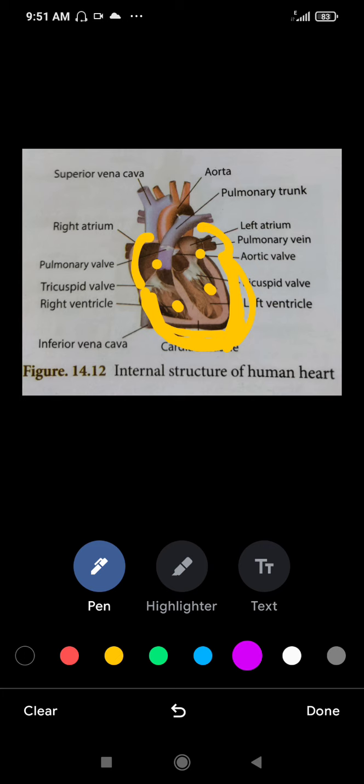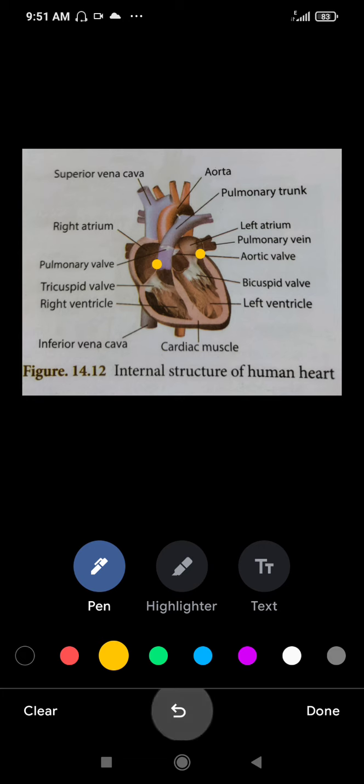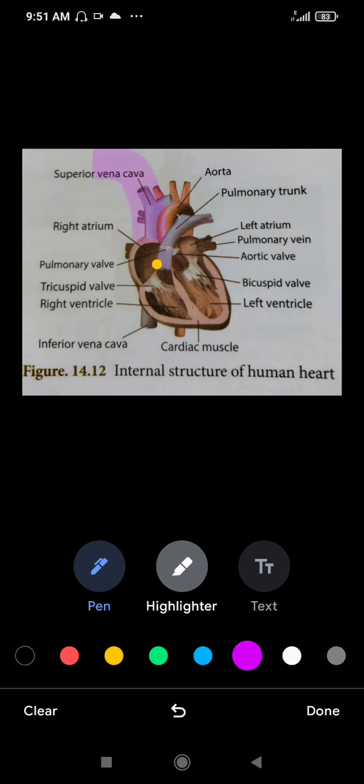This is the right atrium. The right atrium receives deoxygenated blood from different parts of the body through the superior vena cava and the inferior vena cava.